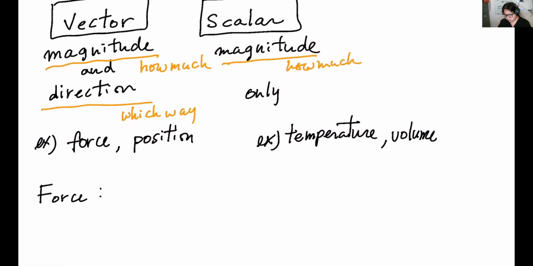typically I use a symbol of the force, F, and then I write an arrow on top to say that this is a vector. So F equals 10 Newton pointing towards north.